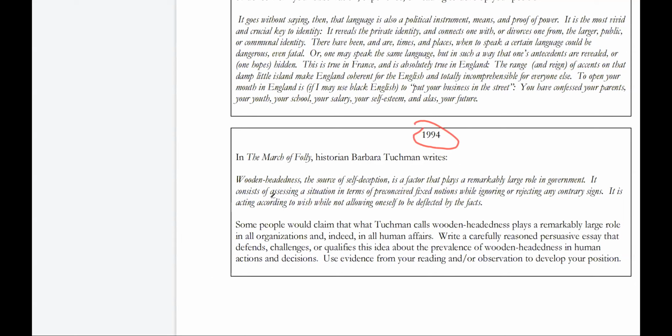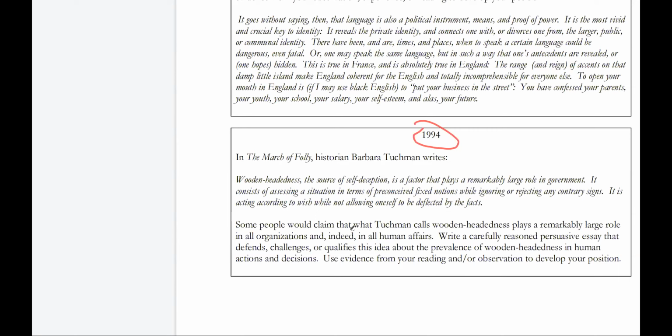It consists of assessing a situation in terms of preconceived fixed notions while ignoring or rejecting any contrary signs. It is acting according to wish while not allowing oneself to be deflected by the facts." Okay, kind of, you know, propaganda.